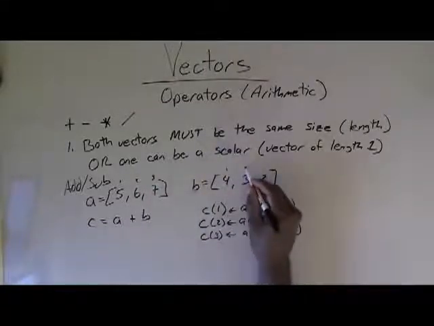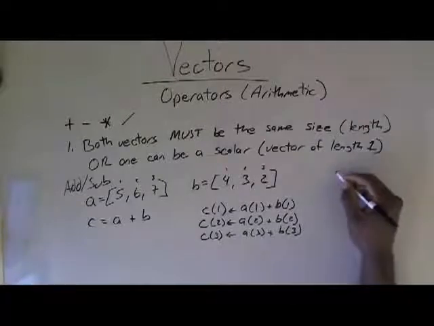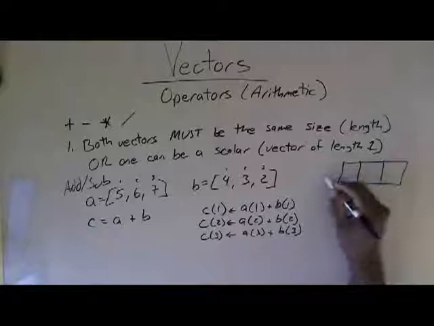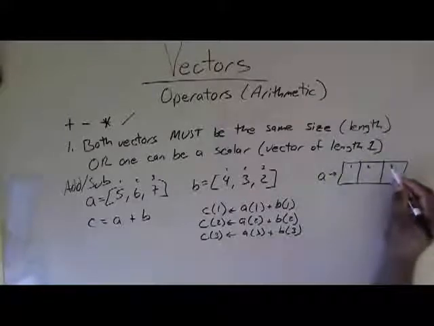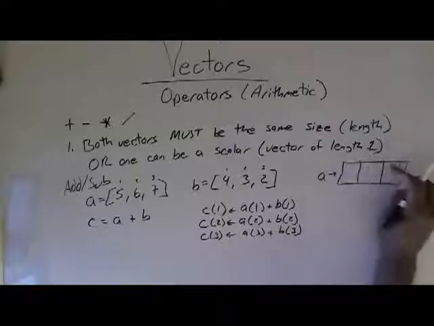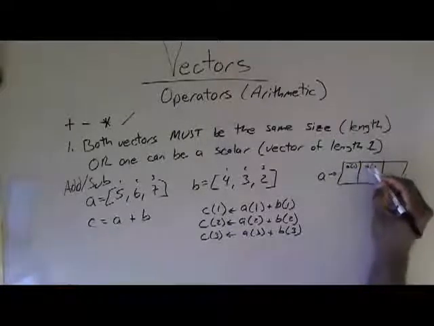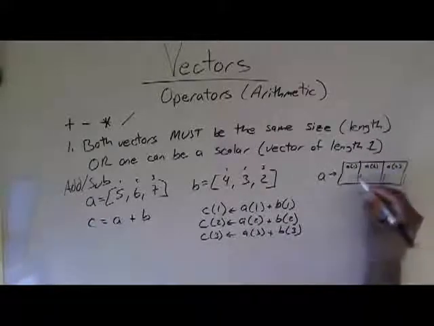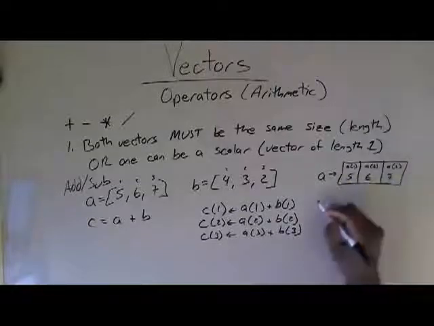Once again, the indices are 1, 2, 3. To belabor the point a bit more, if this is vector A in memory, the indices are 1, 2, 3, or more specifically A sub 1, A sub 2, A sub 3, with values 5, 6, 7.